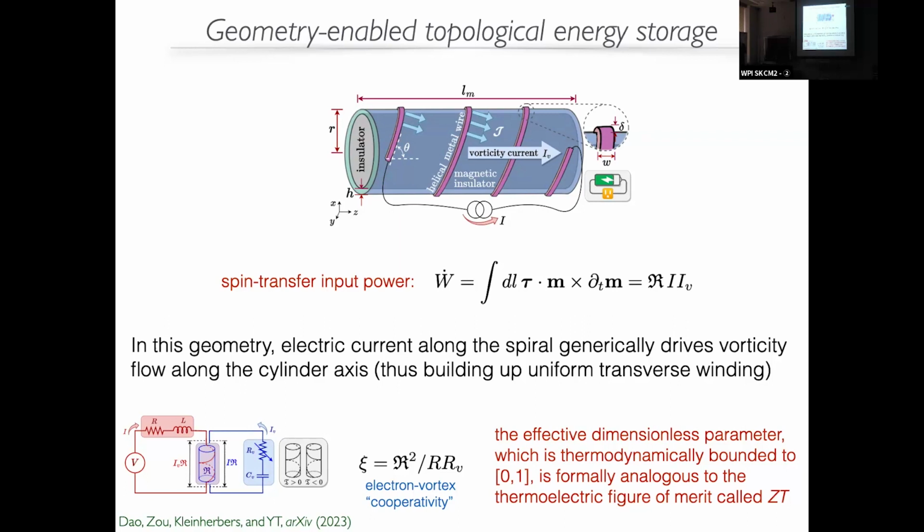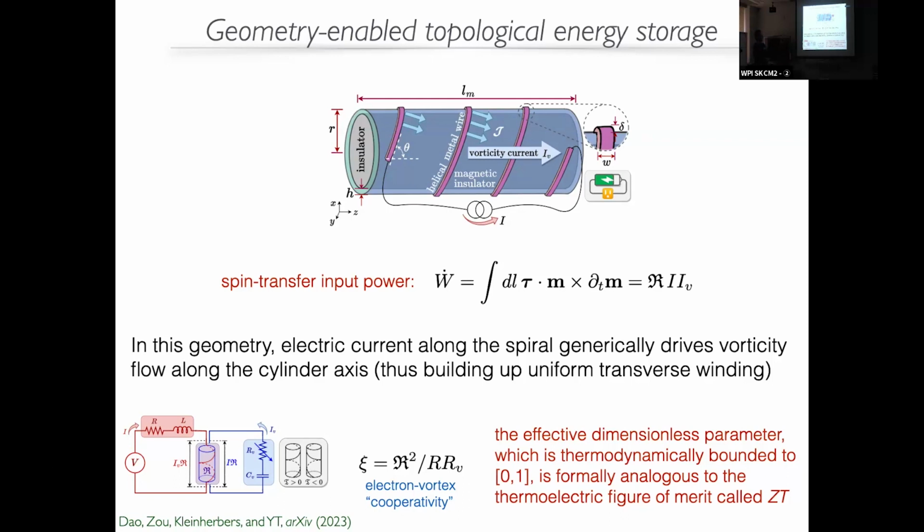In an electrical circuit with a battery, the input power is given by V times I. So from the point of view of electrons, R times I sub V is an effective battery, an effective voltage source from the vortex dynamics acting on the electrons, and vice versa.